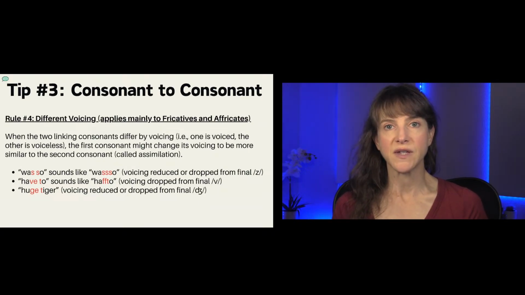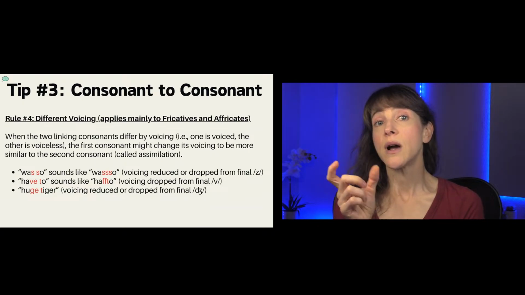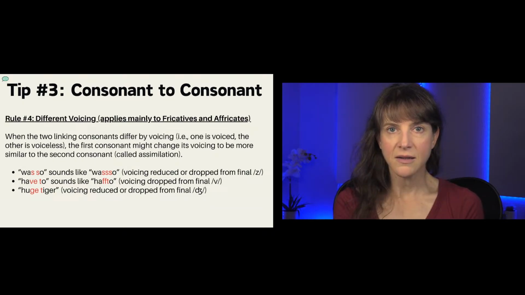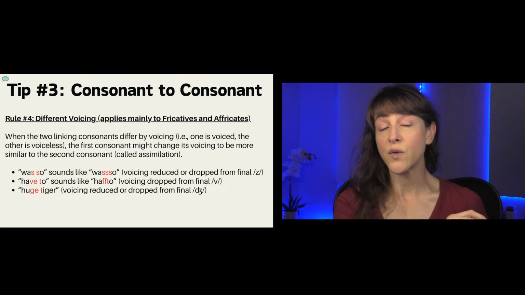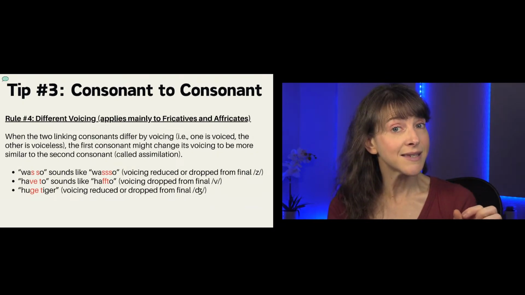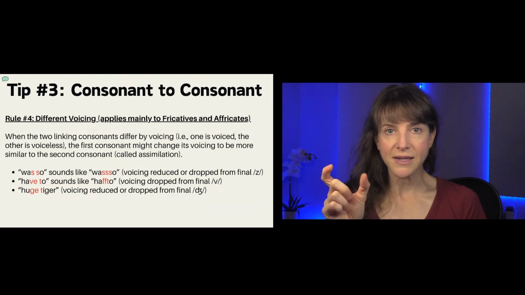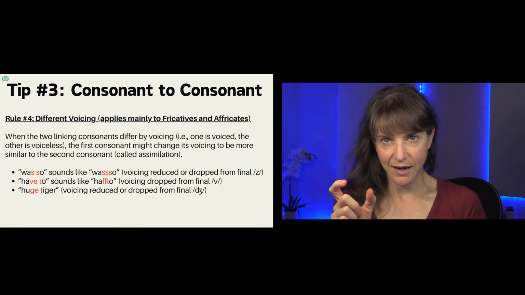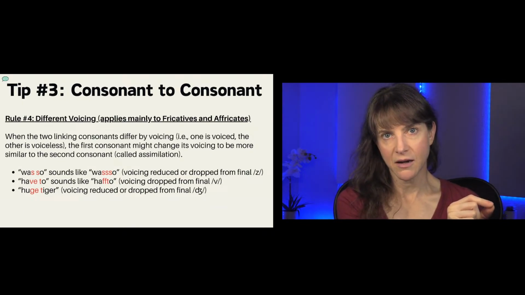When two linking consonants differ by voicing, meaning one consonant is voiced, maybe the Z consonant, and the consonant it links up to is voiceless, like maybe the S consonant, that first consonant, the Z, might change its voicing to be more similar to the second consonant.